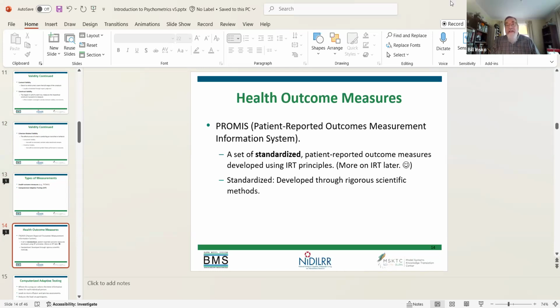If someone's filling out a questionnaire or a survey, you don't want them standing out in the rain when other people were comfortable inside your office, so you want to keep things very standard, and also in terms of the way you score it. And so PROMIS uses IRT, item response theory, and we'll talk about that a little bit later. So this is a really good example of a standardized test developed through rigorous scientific methods.